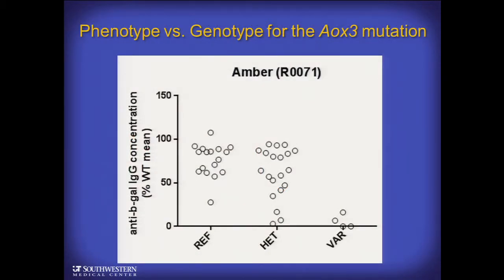If we look at that particular mutation and we assess the antibody production performance of homozygous variants or heterozygotes or wild-type animals, we find the distribution of phenotypes to be just as shown, with the variants standing out. There are fewer of these variants than one would expect, and it's very likely that the mutation also compromises survival.